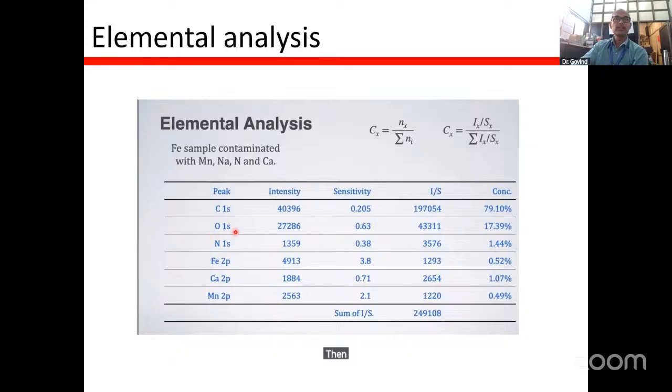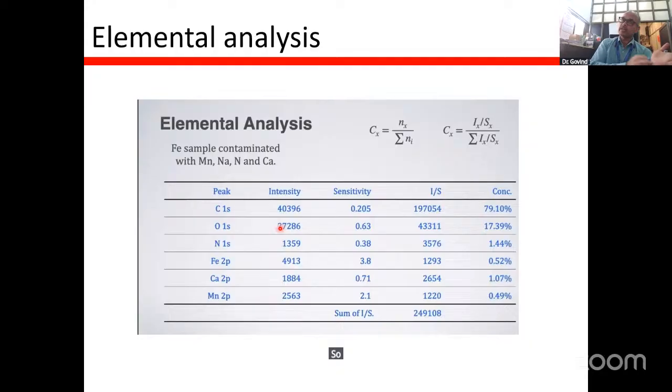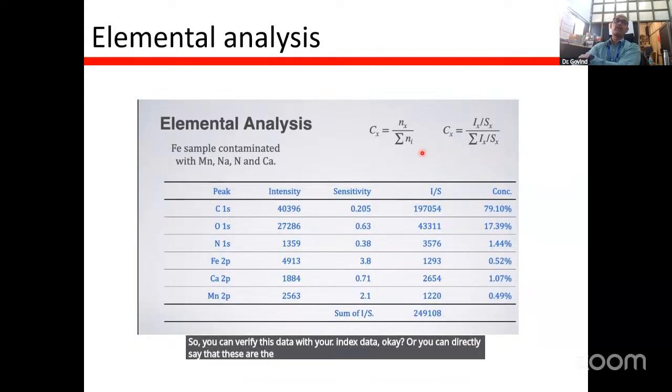Then on the surface, how much oxygen? 17.39 percent, nitrogen 1.44%, iron 0.52%, calcium 1.07%, Mn 0.49%. So you can verify this data with your EDAX data, or you can directly say that these are the compositions which are available on the surface.